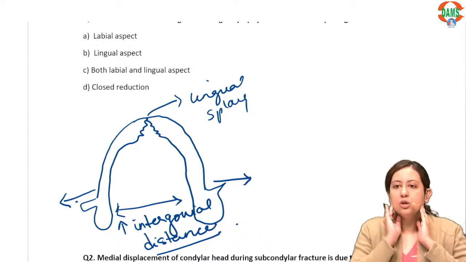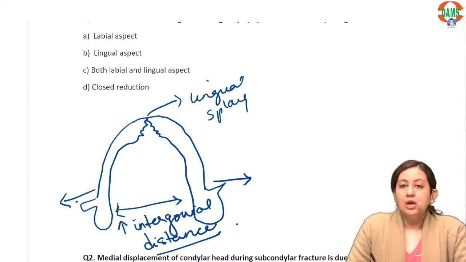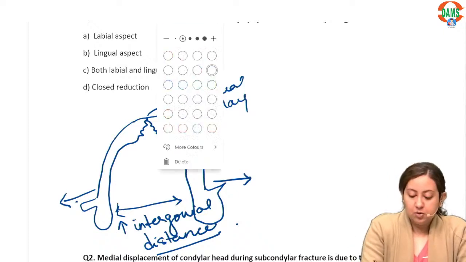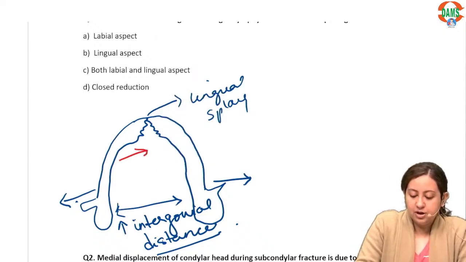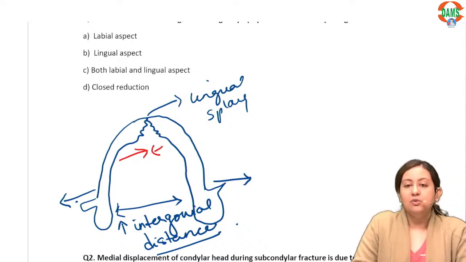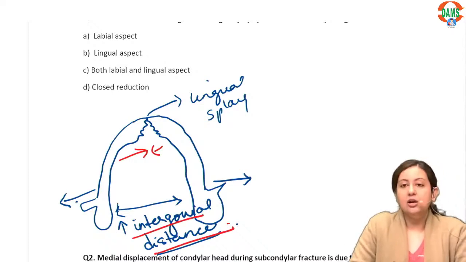That means the gonial region, the angle region, will protrude outwards. Now, we have to reduce this so that we get back the original intergonial distance.